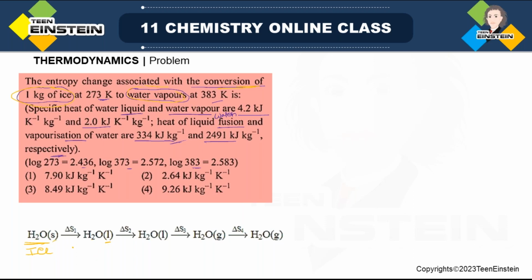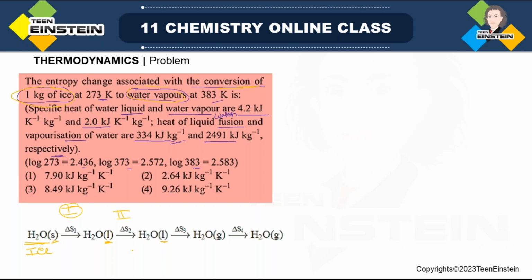Okay. Now, this is step 1. Step 2, liquid water, again liquid water. What you are doing here is increasing the temperature. Phase is the same. In step 1, temperature is fixed and phase is changed.